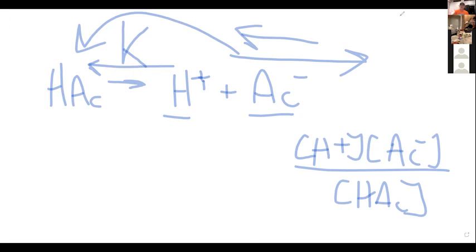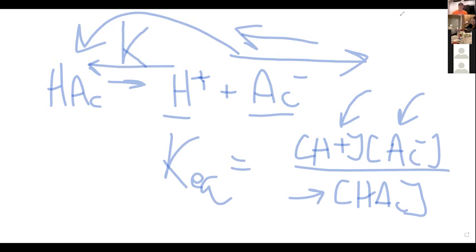So at equilibrium, we would measure the concentration of H plus, the concentration of acetate ion, and the concentration of acetic acid that has not dissociated. And then that would give us the K equilibrium.